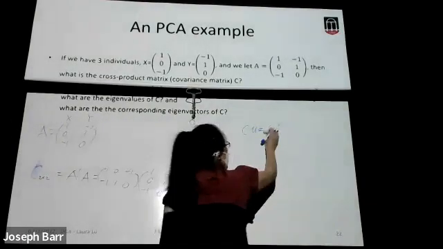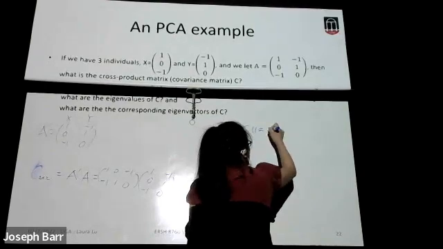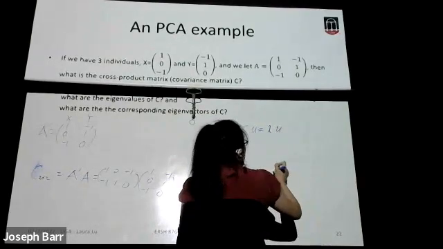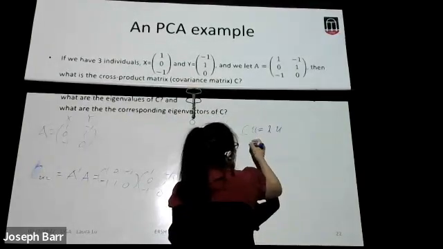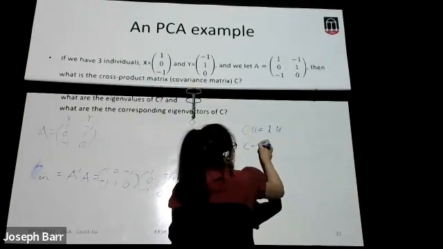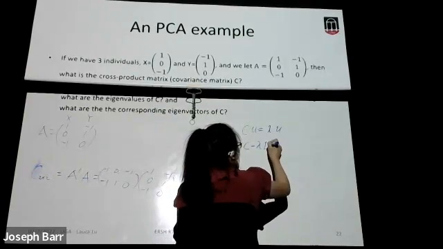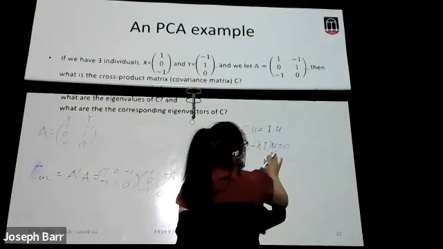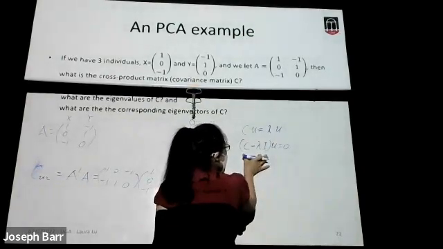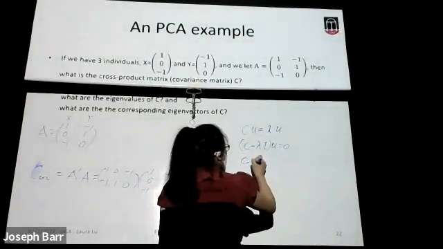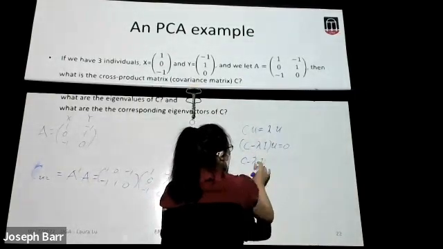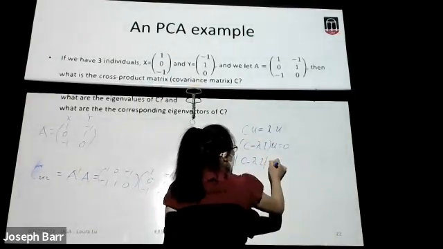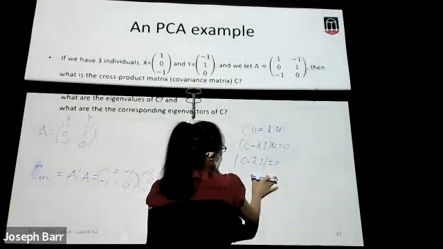So we have lambda times u here. If you change the position, C minus lambda times the identity matrix, times u, is 0. Since u is not 0, you have to make sure this determinant is 0. So the determinant of C minus lambda times the identity matrix is 0.